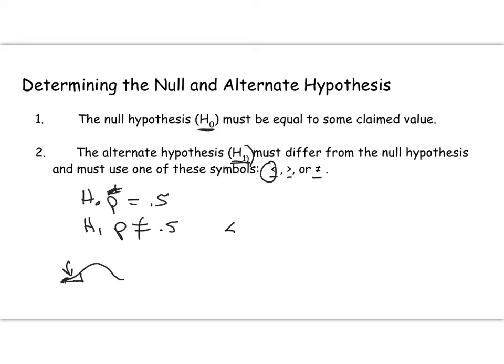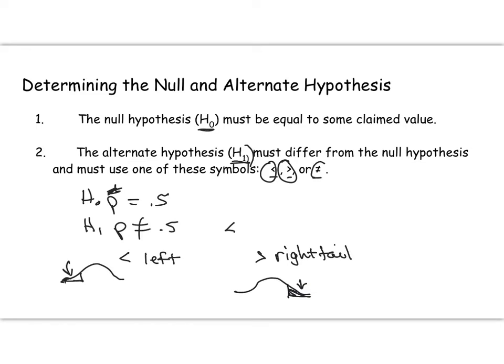If we're using the greater than sign, so this one's for less than, and it's left-tailed. If we're using the greater than sign, that's a right-tailed test, because we are checking to see if our proportion or our mean value is in the right tail.